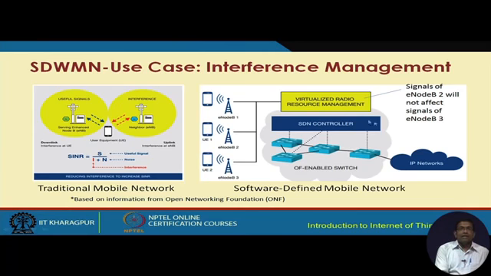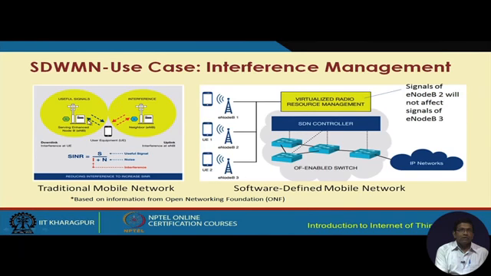In a traditional mobile network, when a mobile equipment like this operates, it connects with a base station or an access point for regular data, sending data back and forth between it and that access point, and this particular node serves this particular user equipment.